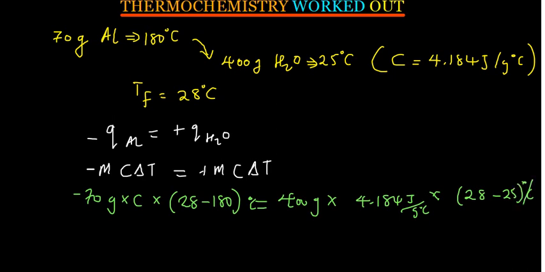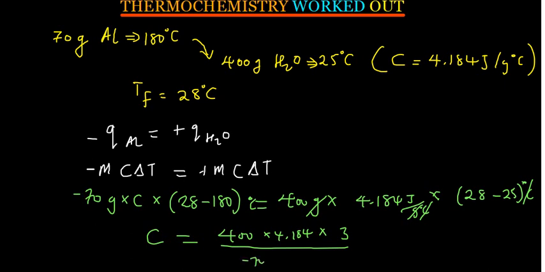So the degree Celsius will cancel, the gram of water also cancels. I want to remain with C, meaning that I'm going to multiply the 400 by 4.184, and then multiply by 28 minus 25, that is 3. Then I'll divide by negative 70, which is in grams.